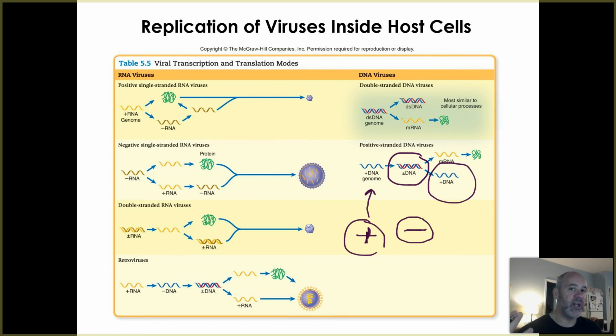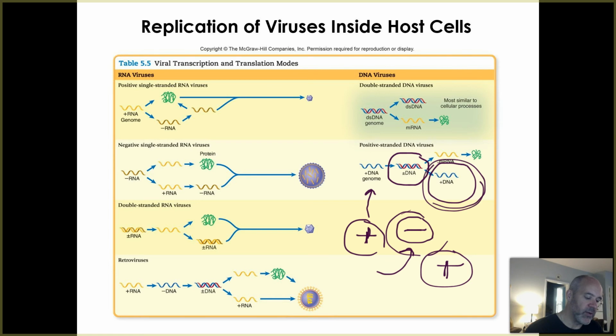So when those genomes originally go into a host cell, they're first converted into minuses, the complementary copy. And then these are read to make new pluses. You're going to go from a plus strand to a minus strand, and then the minus strands are going to be read to make lots of new plus strands over here.